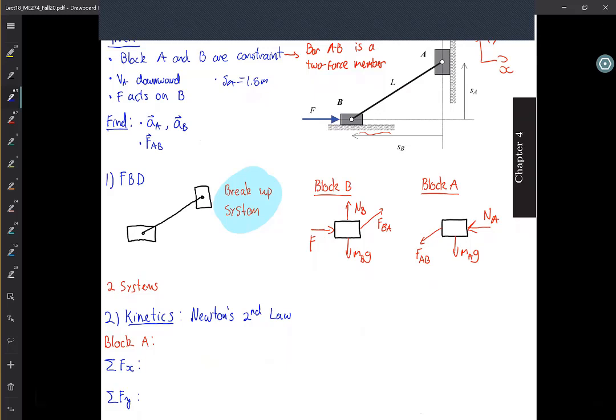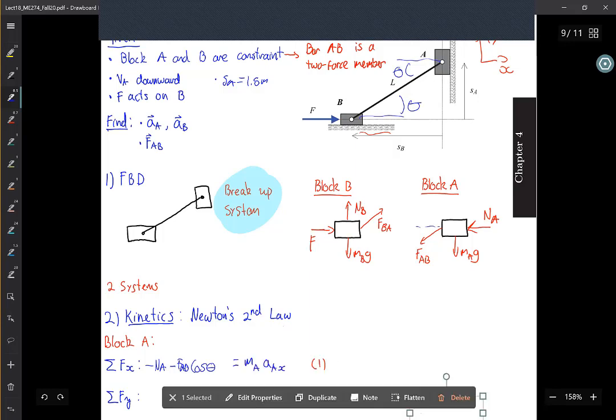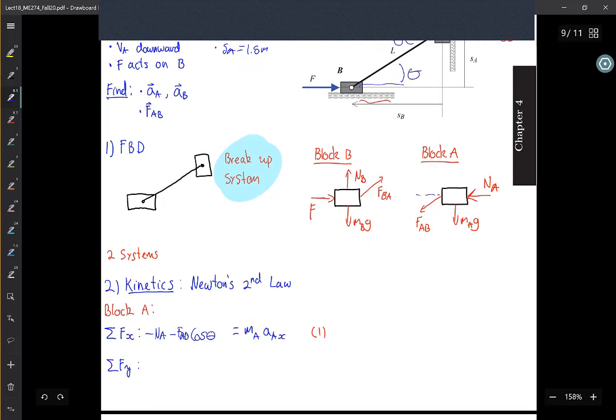So for block A, we have a negative normal force, a negative member force with an angle. So this is going to be theta. By trigonometry, this is cosine theta, and this equals the mass times acceleration.